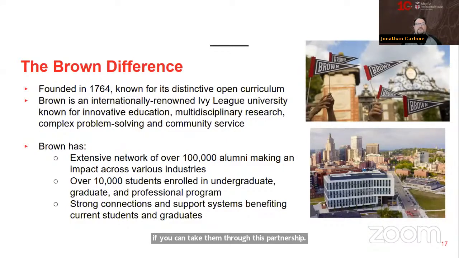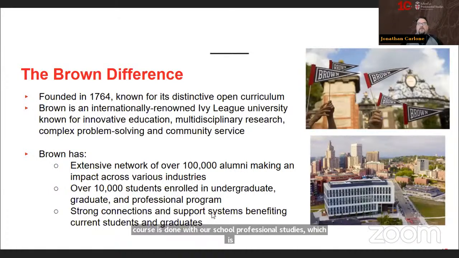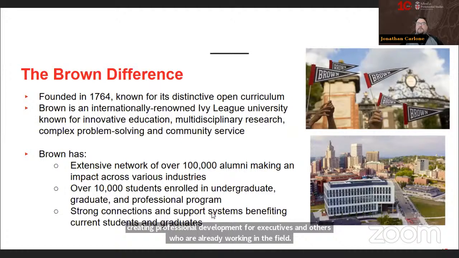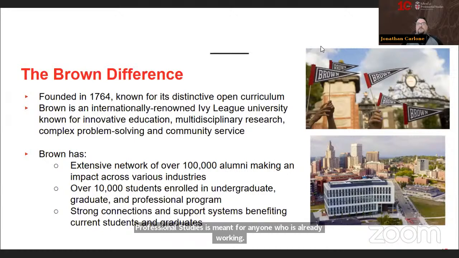This course is done with our School of Professional Studies, which is the school here at Brown that is committed to academic excellence and intellectual freedom and creating professional development for executives and others who are already working in the field. You may have already earned a bachelor's or a master's, or maybe you have neither, but you want to pivot your career, you want to further your career. The School of Professional Studies is meant for anyone who is already working and wants to have a change or expand their skill set.